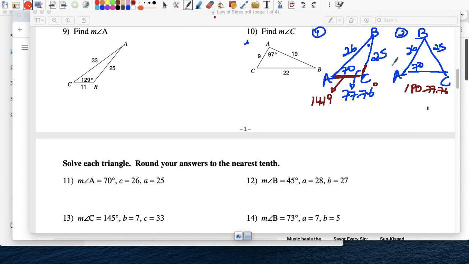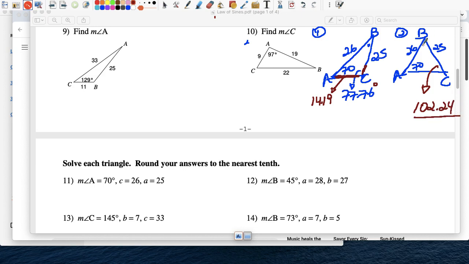And the only piece of information from triangle 1 that I'm going to use for triangle 2 is that when we did triangle 1, this was 77.76, which means that in the second triangle, angle C is going to be 180 minus 77.76, and that's going to give us 102.24.